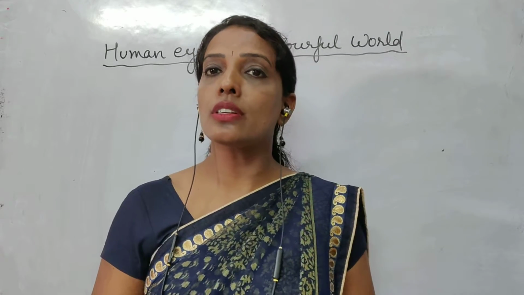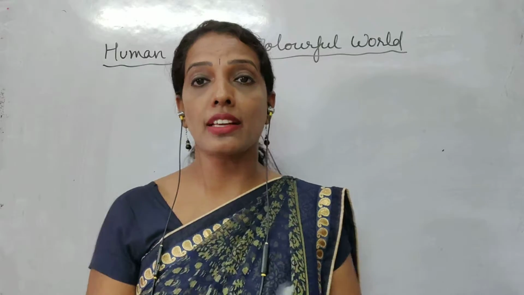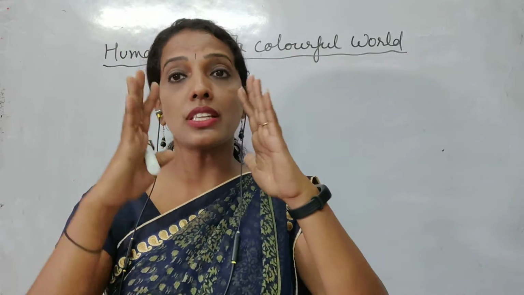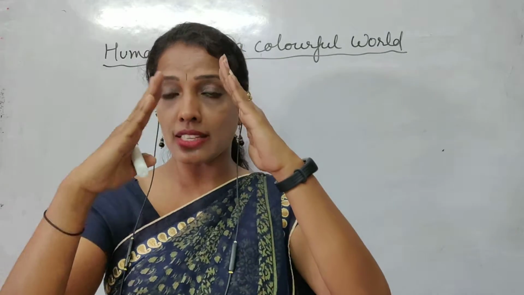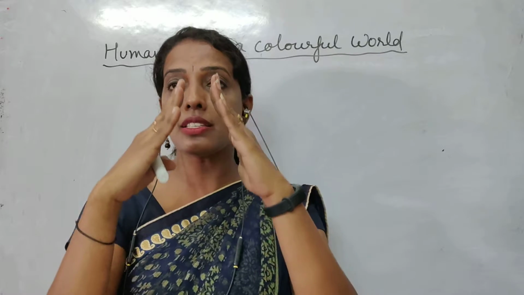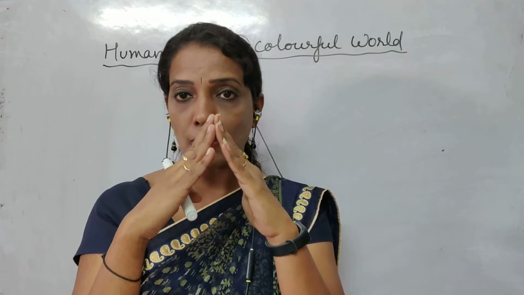Generally, a triangular glass prism is represented by drawing a triangle in a ray diagram. But actually it is not like that, because a prism has non-parallel glass surfaces.